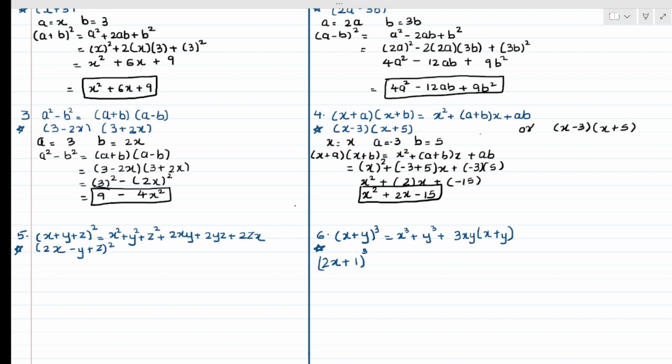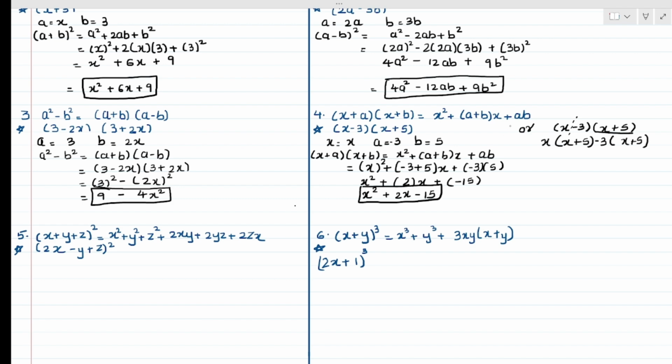If you don't want to use your identity, you can simply split your bracket, that means break your bracket. So I am breaking my first bracket into x, times the second bracket which says x plus 5, and then the remaining part, minus 3, times again x plus 5.